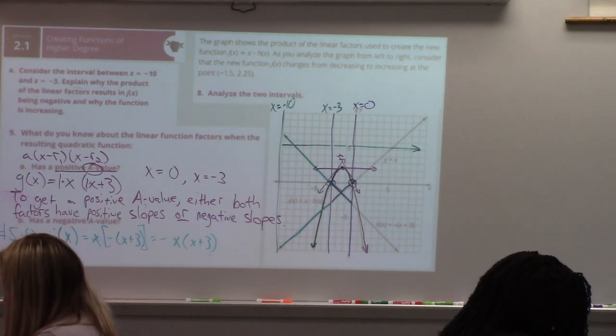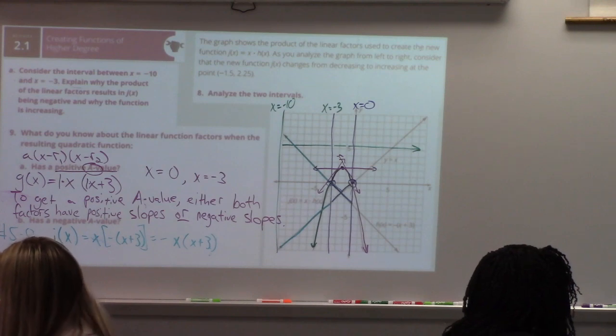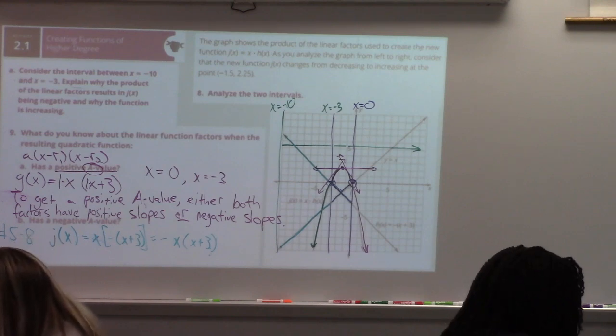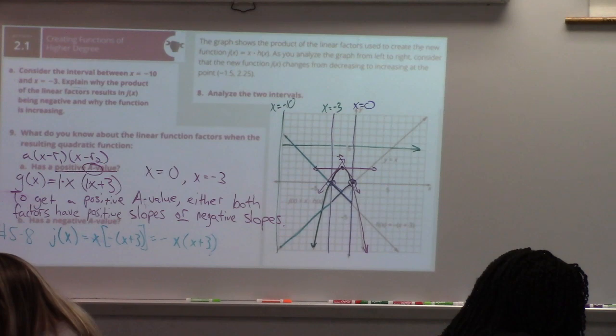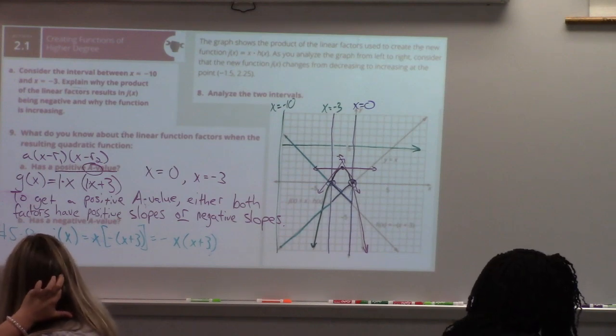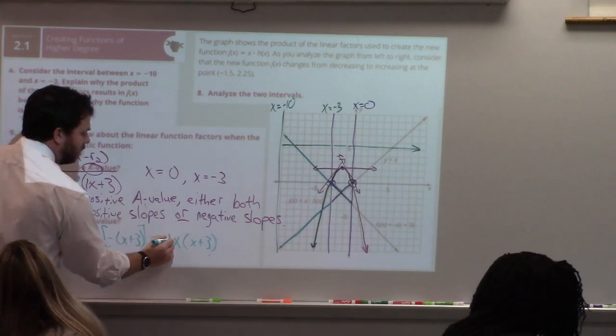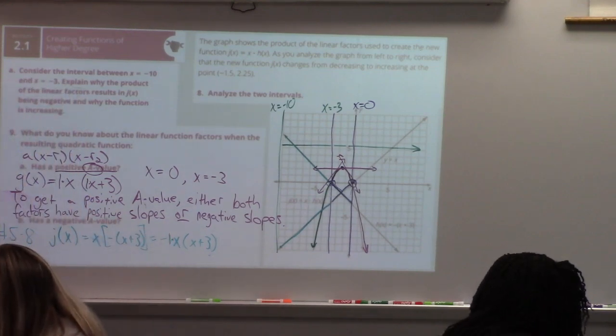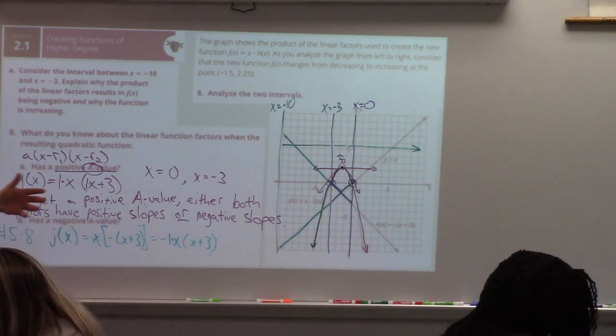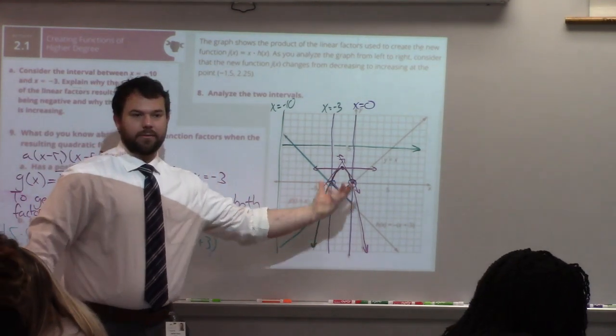So hopefully we recognize in numbers 5 through 8 with that j of x, we have a negative a value. Specifically, what is a? Negative 1. We want to notice it's a negative, so it's a negative 1, right? And we even see it right here, the parabola is concave down.